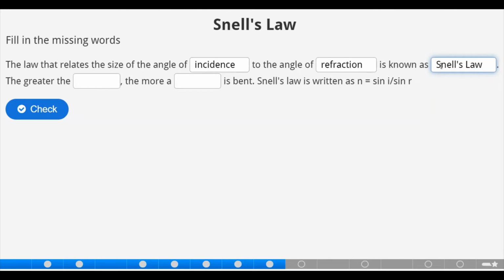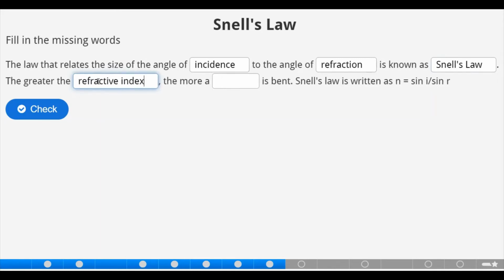All right, the greater the refractive index, the more a ray is bent. Snell's law is written as n equals sine i over sine r. That is the ratio of the sine of the angle of incidence to that of the angle of refraction.